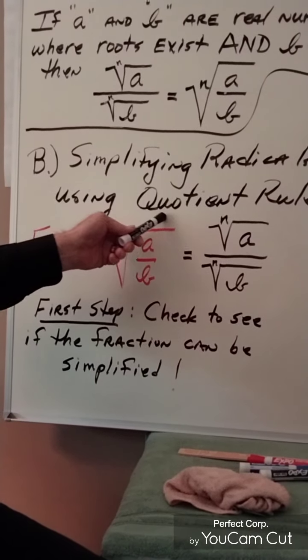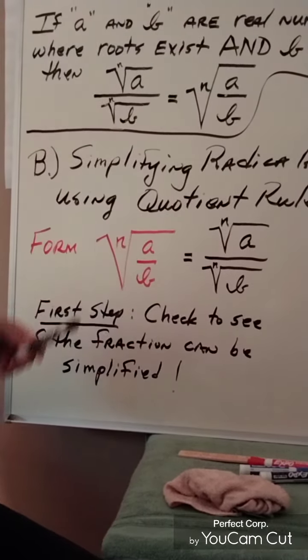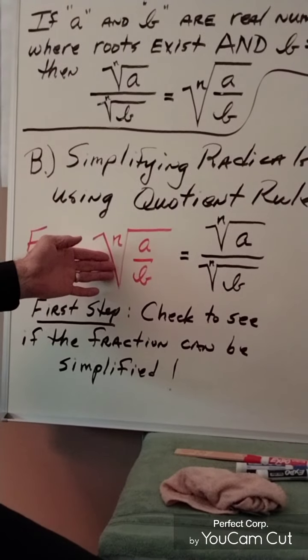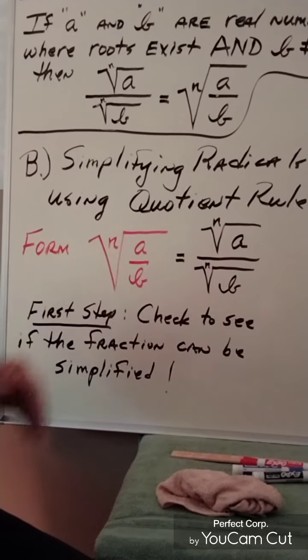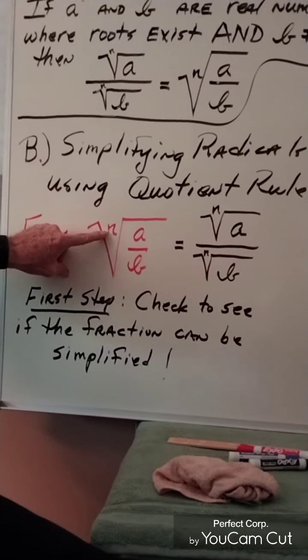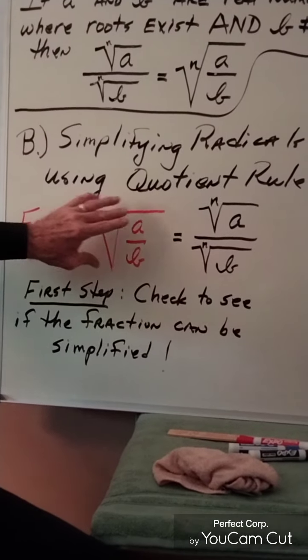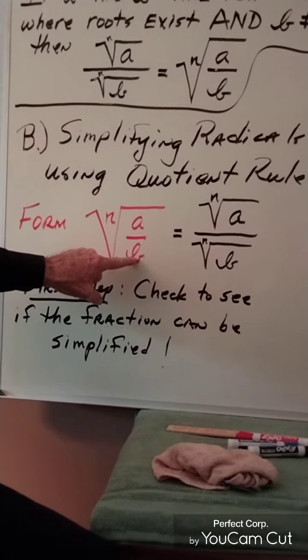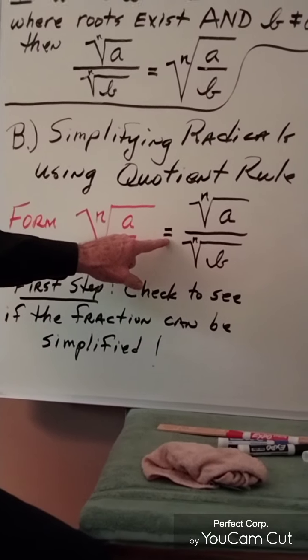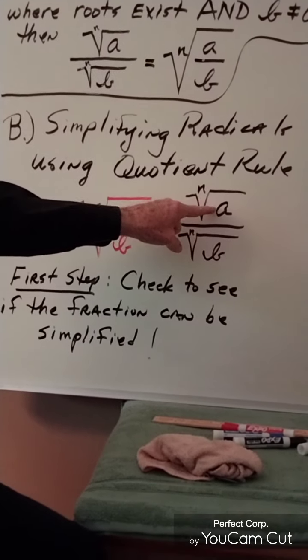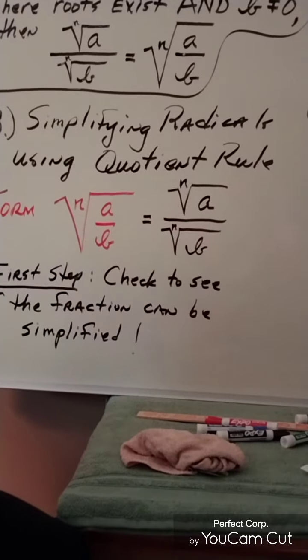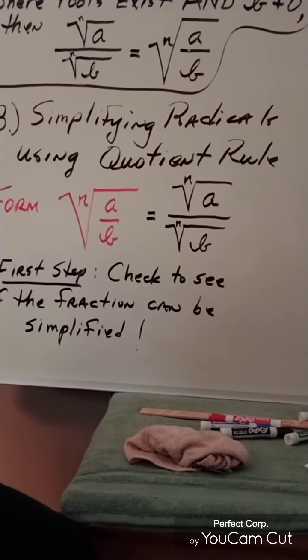This is the form that the radical expression will be written in when we need to simplify. The nth root of a divided by b is equal to the nth root of a divided by the nth root of b.